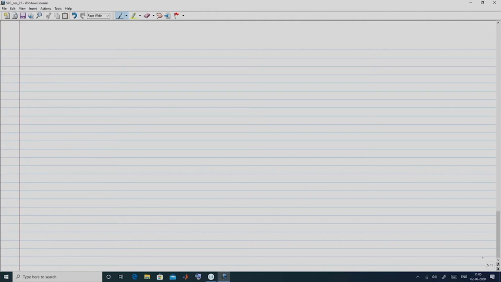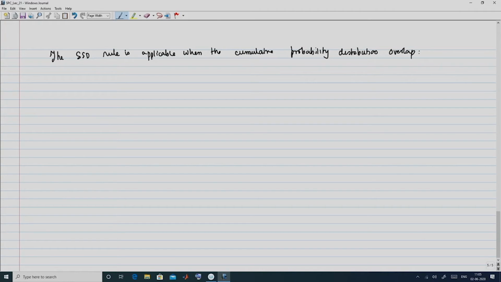Okay, so now a few observations. The second order stochastic dominance rule is applicable when the cumulative probability distributions overlap.